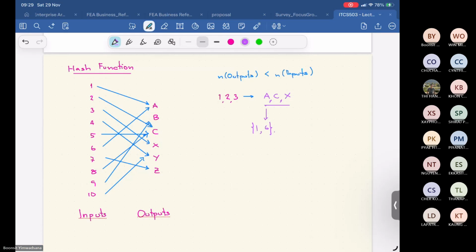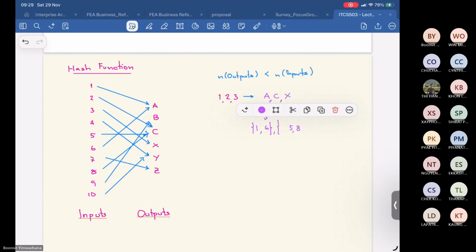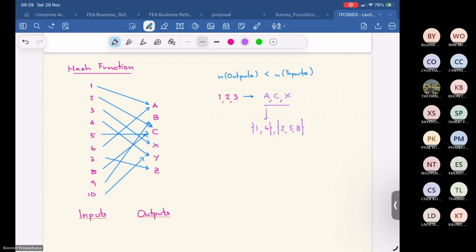And C can be reversed back to number 5 and number 8. Oops, sorry. Should be number 2 as well. Sorry. And then X can be reversed back to number 3.